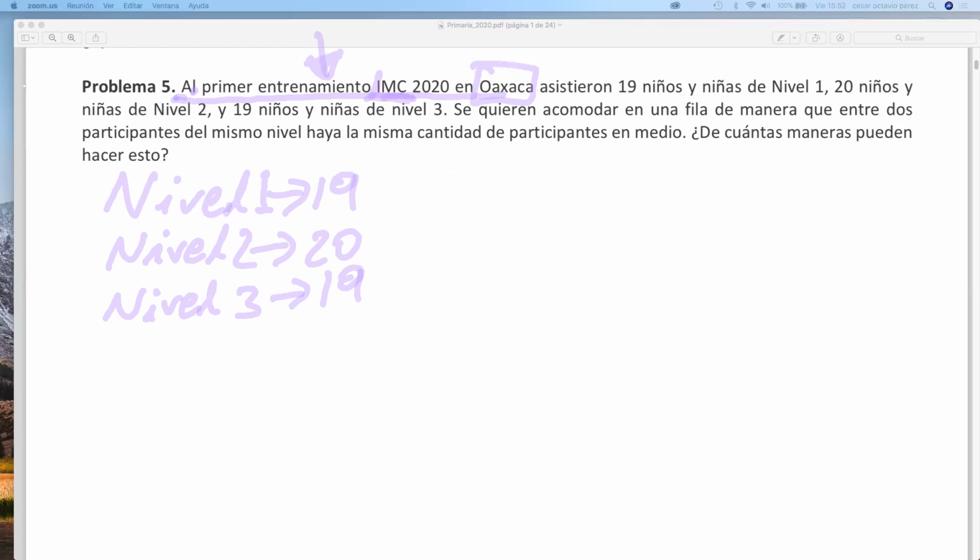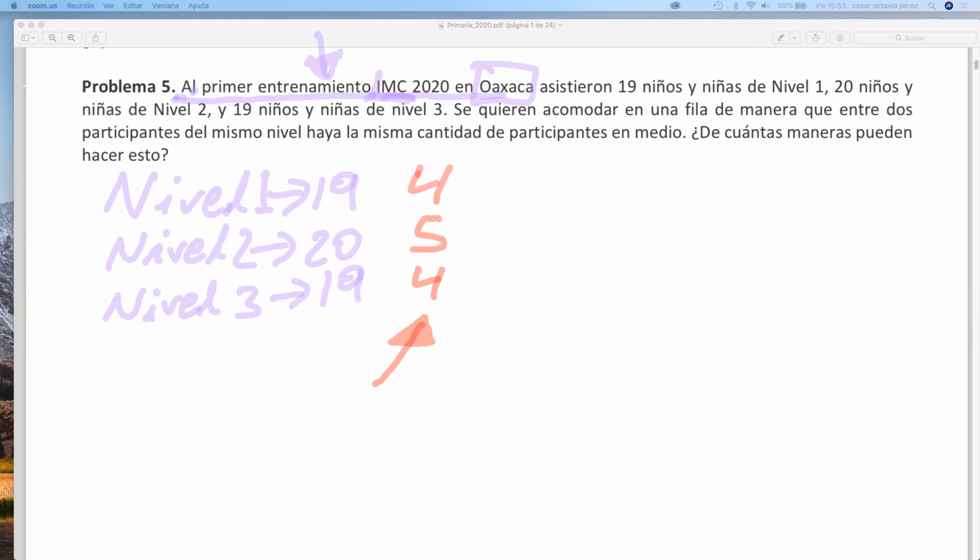For example, let's say that we have only 4 kids from level 1, five kids from level 2, and 4 kids from level 1. Okay? I am only saying if we have this amount of contestants, si tuviéramos esta cantidad de participantes, vamos a ver qué hacemos.